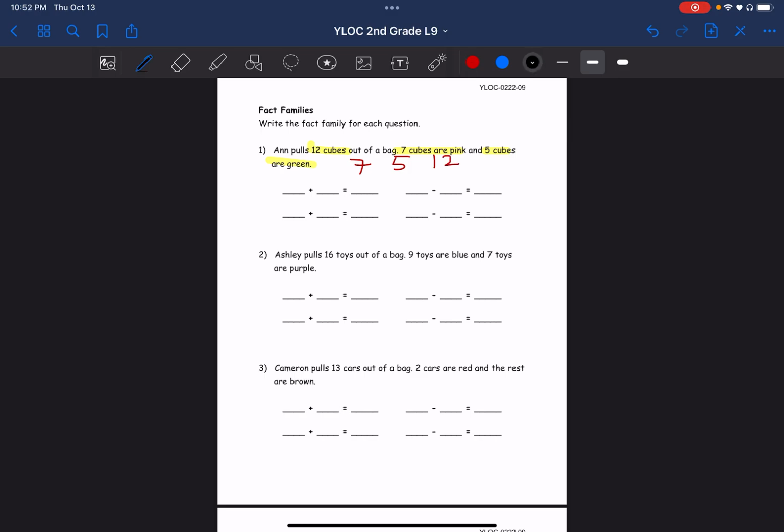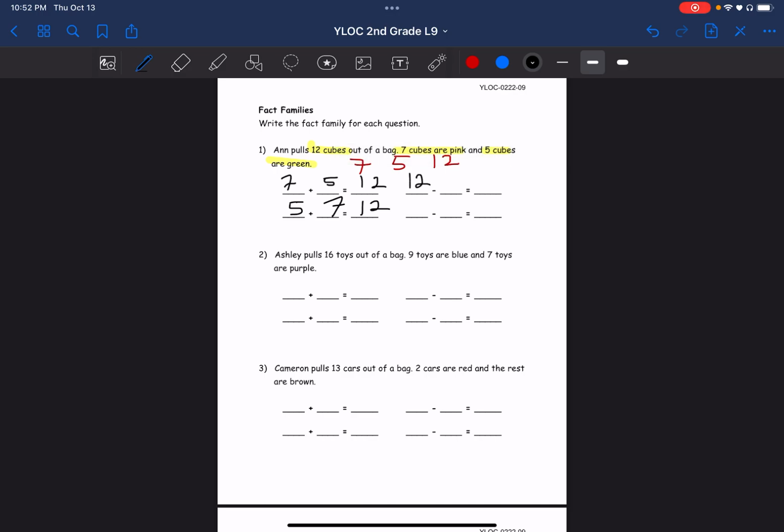Okay, 7 plus 5. Obviously, that's 12 because that's how many cubes Amy pulled out. And then, same thing, 5 plus 7 is 12. And then with subtraction, remember we put the biggest number at the front, so it's 12.